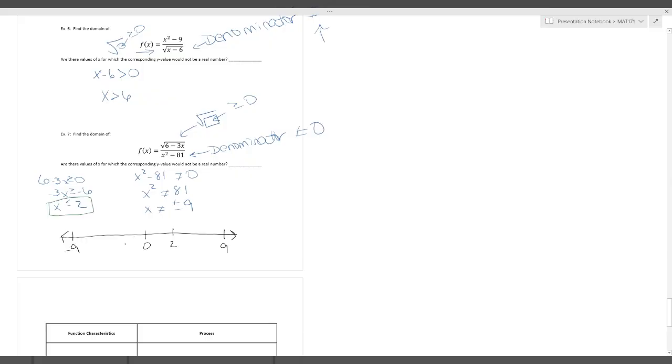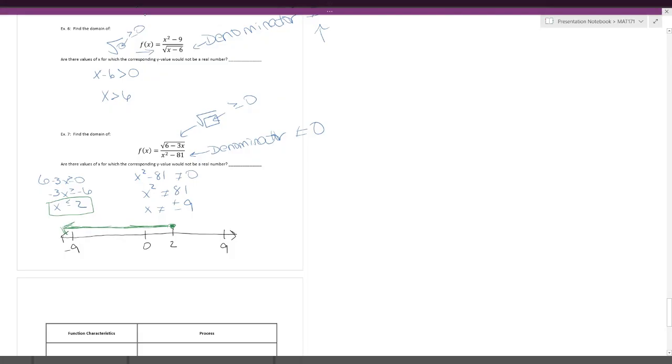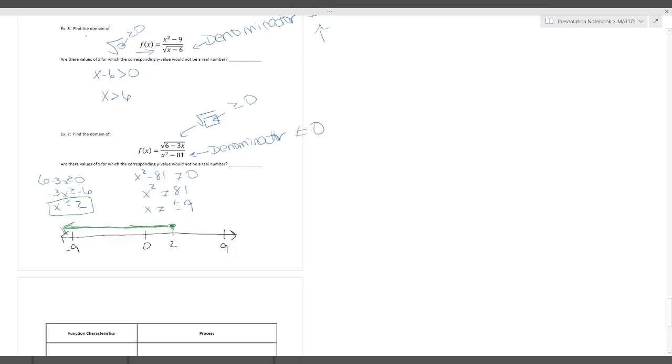X has to be less than or equal to positive 2. So I would have a filled in circle, and then we would have everything down here. Okay. Now I'm going to take a look at this. X cannot equal positive 9 or negative 9.